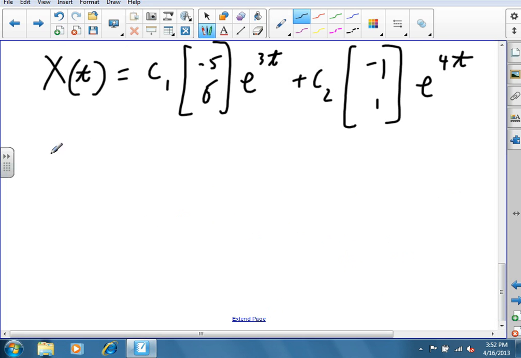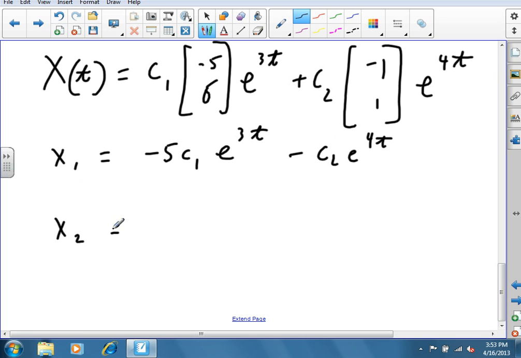Okay, and we have that x1 is equal to minus 5c1 e to the 3t minus c2 e to the 4t, and we have that x2 is equal to 6c1 e to the 3t plus c2 e to the 4t.